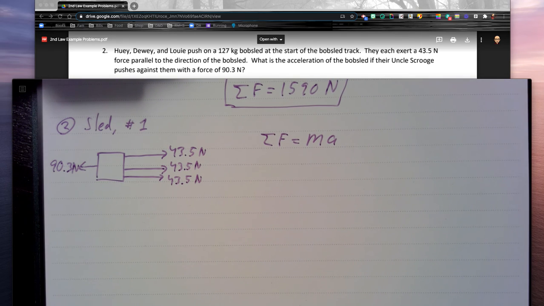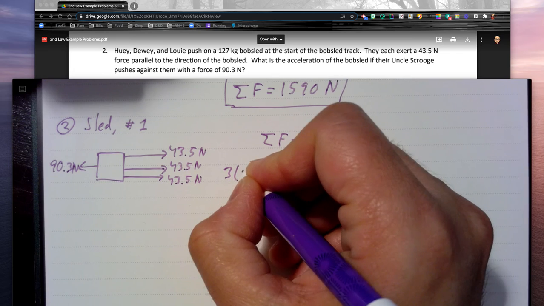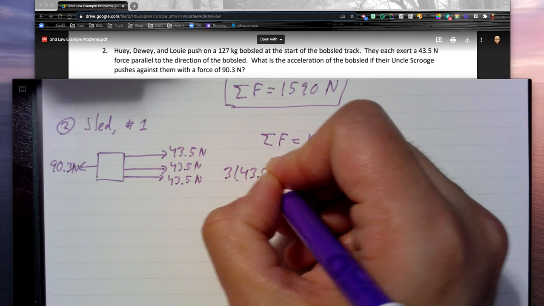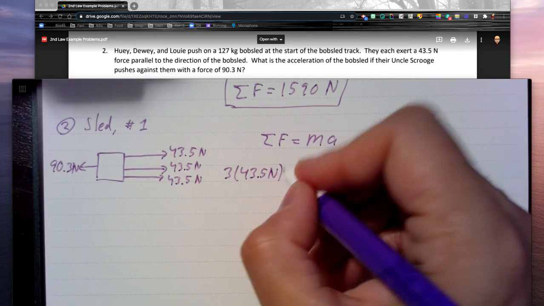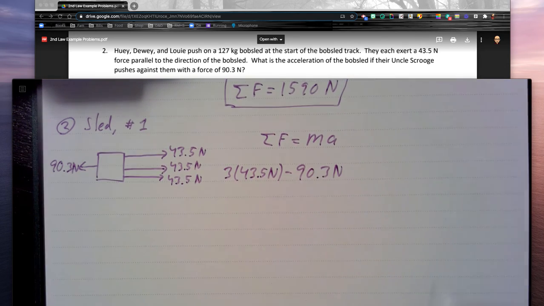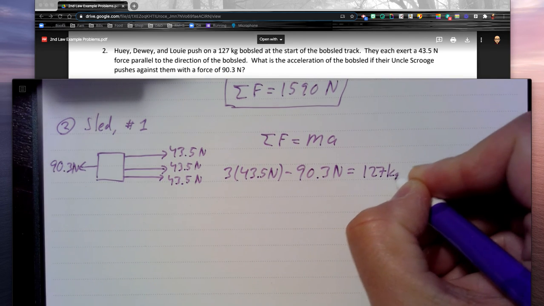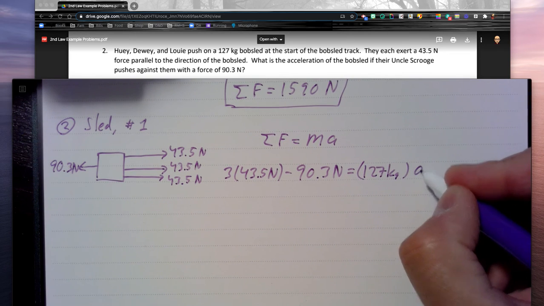Now, the net force in this situation is something that I have to calculate. There are three separate 43.5 newton forces. So for my net force, I'm going to do 3 times 43.5 newtons minus 90.3 newtons. That equals mass times acceleration, 127 kilograms times acceleration.